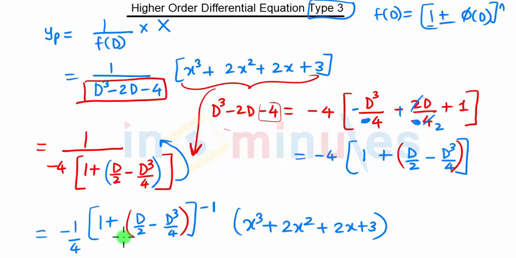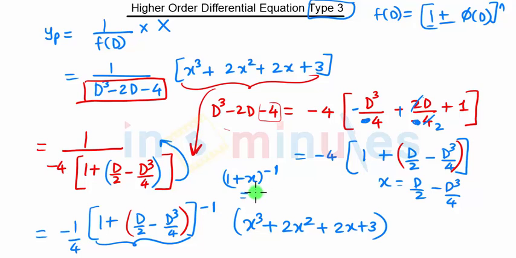So this equation is nothing but 1 plus x the whole raised to minus 1, where in this case x is D by 2 minus D cube upon 4. Okay. So the binomial expansion for 1 plus x the whole raised to minus 1 is nothing but 1 minus x plus x square minus x cube and so on.